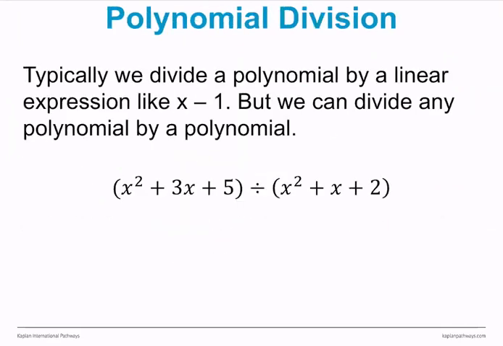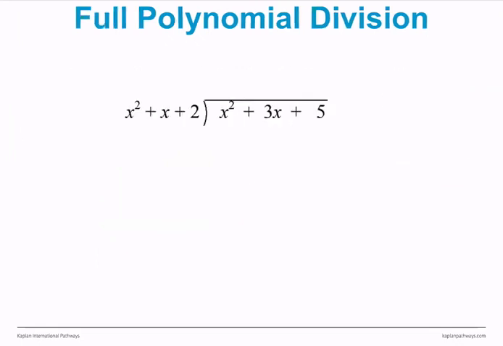What we need to know, for your information here, is that sometimes if you divide two polynomials that have the same order, like power, so this is x squared and this is x squared, you will still have a quotient and remainder, but I'll show you in the example here. So we have x squared plus 3x plus 5 divided by x squared plus x plus 2.